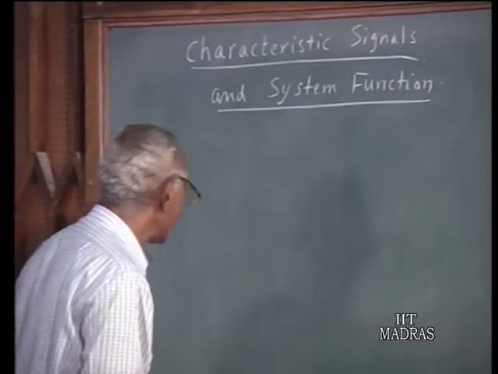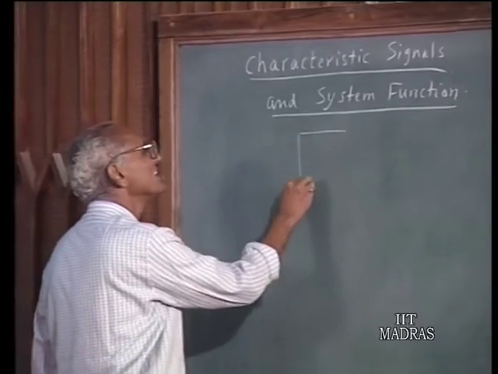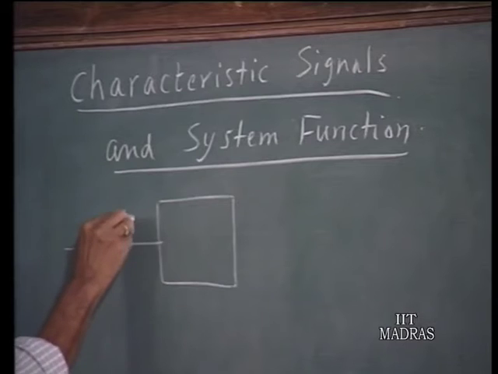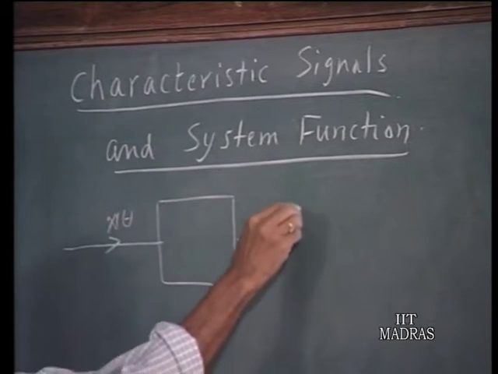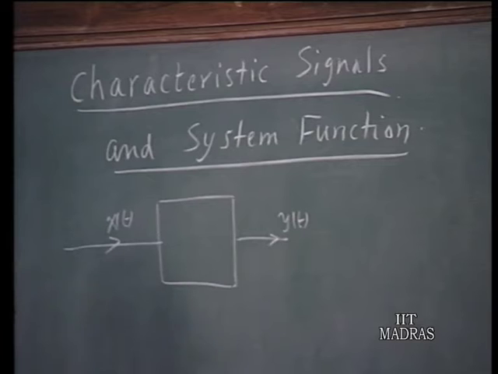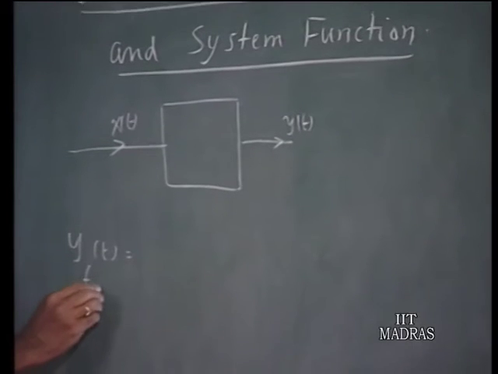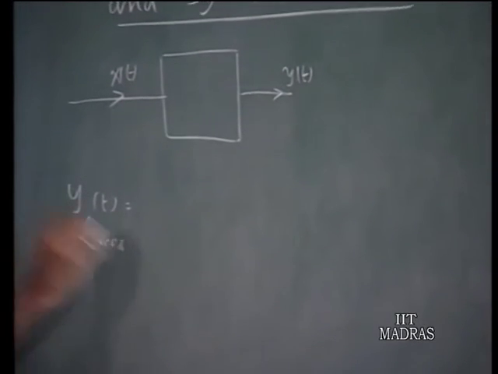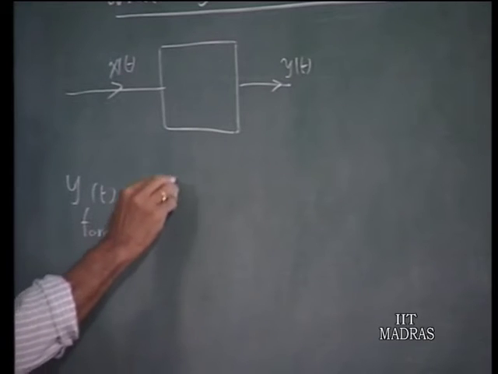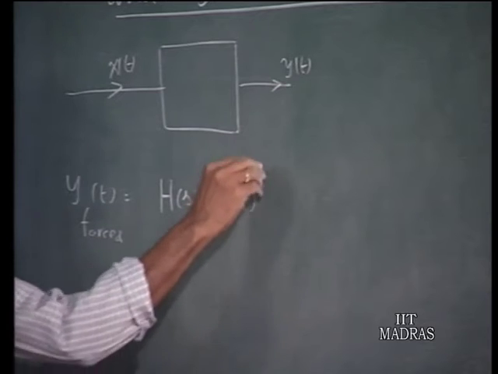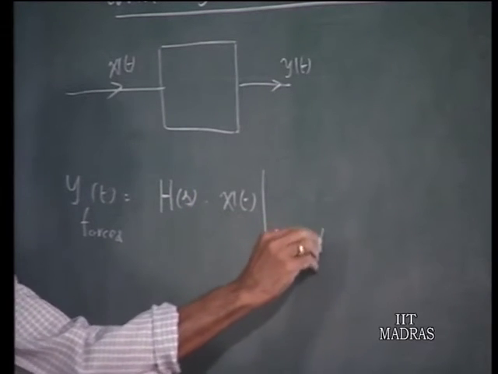So, what we have seen now is that if we are talking about a linear time invariant continuous time system represented by this black box with an input x(t) and output y(t), then the forced response of the system, instead of particular integral solution I am calling y_F(t), that is forced response, is H(s) times x(t) if x(t) is a characteristic signal.